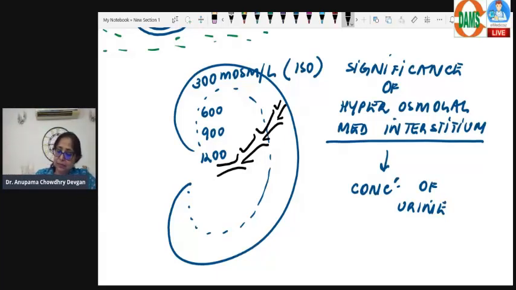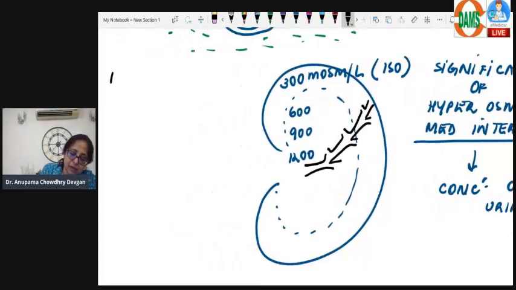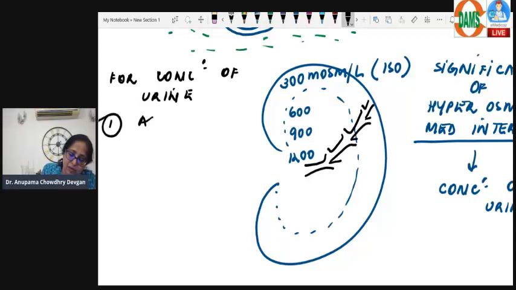Now, to produce concentration of urine, two things are required. Number one, there has to be the presence of ADH.